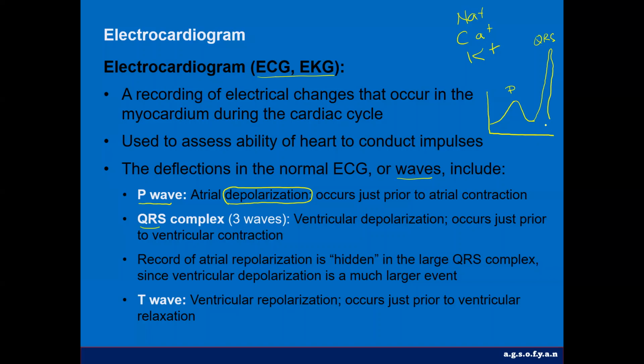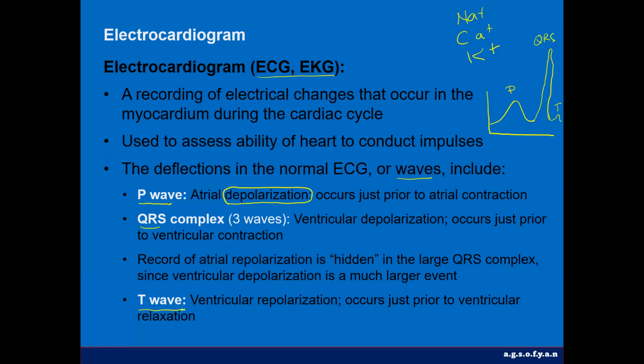And then after that, the calcium channel will be closed, and the muscle starts to open the potassium channel, and then potassium will be increasing, and it will be measured as the T wave.